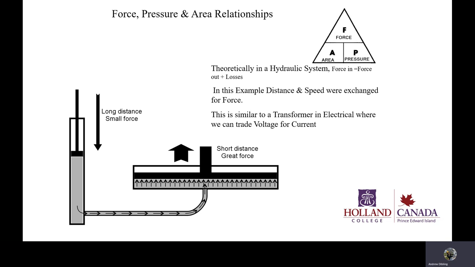The larger the area, the more pressure is applied for the same amount of force. So this is a wonderful little equation, F = P × A. I should have it as a tattoo, actually. That, along with E, I, and R from my electrical work. Force, area, and pressure, we're always changing these criteria around to get what we want.